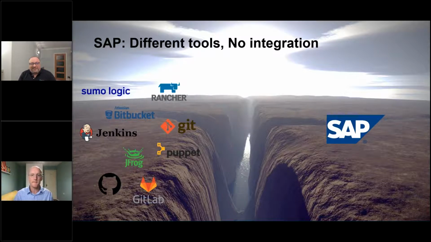Well, I think, as you can see from this slide on the screen at the moment, there's a bit of a chasm between the way the rest of the world works and the way the SAP world works. And of course, as you've mentioned, there's a whole host of tools available to help with that non-SAP world. It tends to be a lot of distributed development, Git-based development, so lots of branching and all that type of stuff.